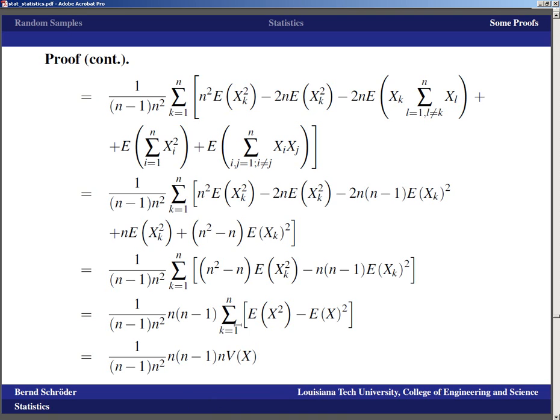I've got the variance of X added to itself n times, so that gives me n times the variance of X, and now we can already see that this numerator cancels that denominator, so we end up that the expected value that we started out with actually is the variance of the underlying random variable.